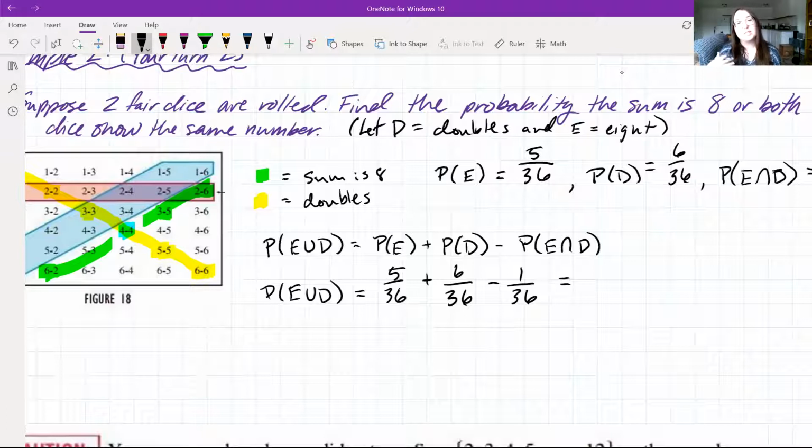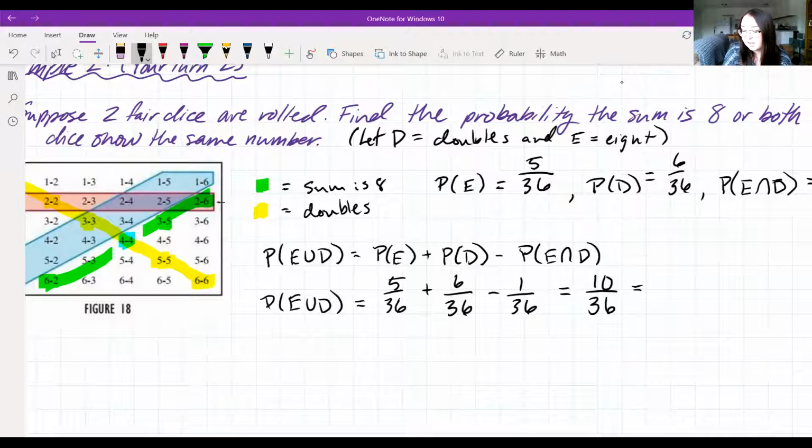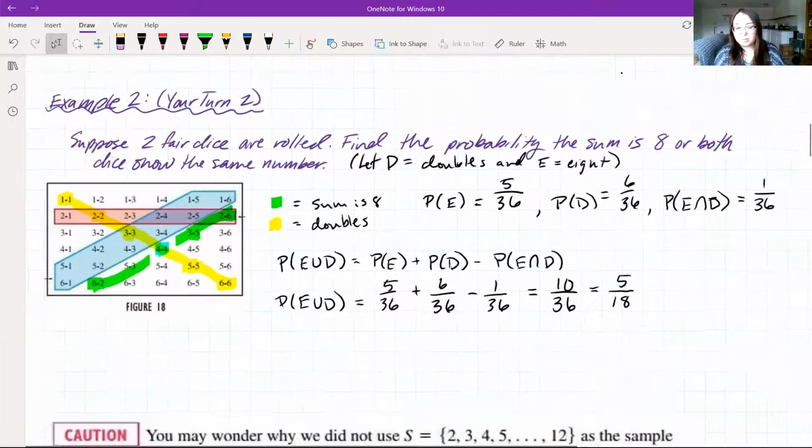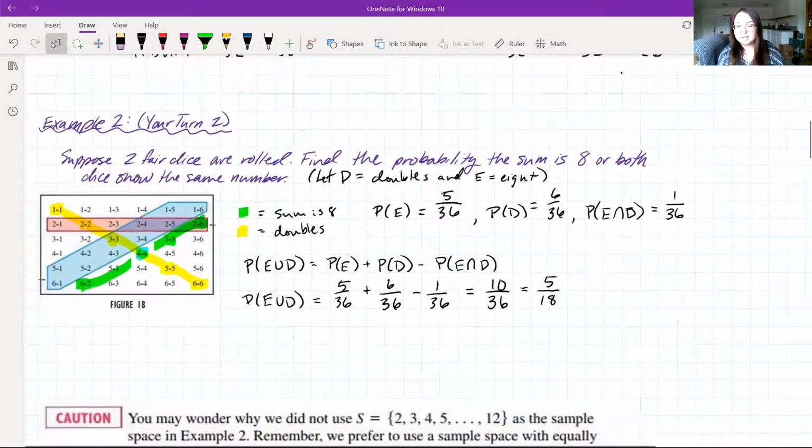We know 5 plus 6 is 11, minus 1. We're going to get 10 divided by 36, or we can simplify this down. That's the same thing as saying 5 over 18. So we know the probability of rolling 2 fair dice and getting the sum of 8 or dice that show the same number is going to be 5 out of 18.